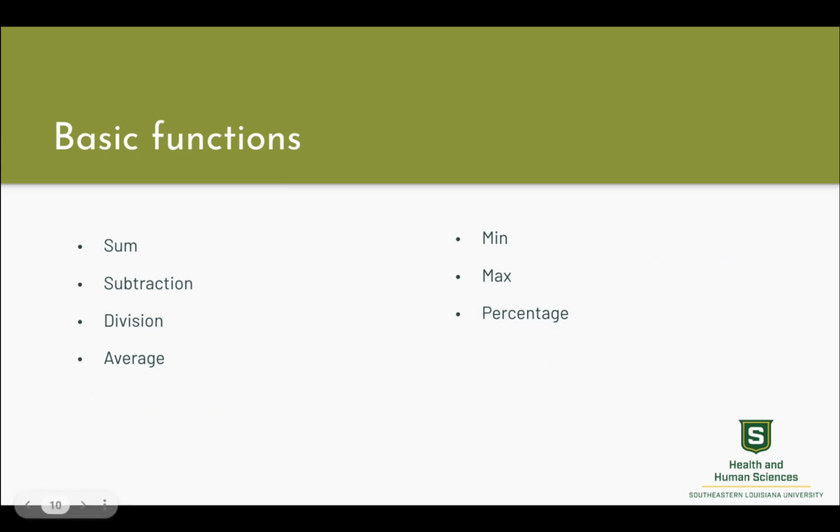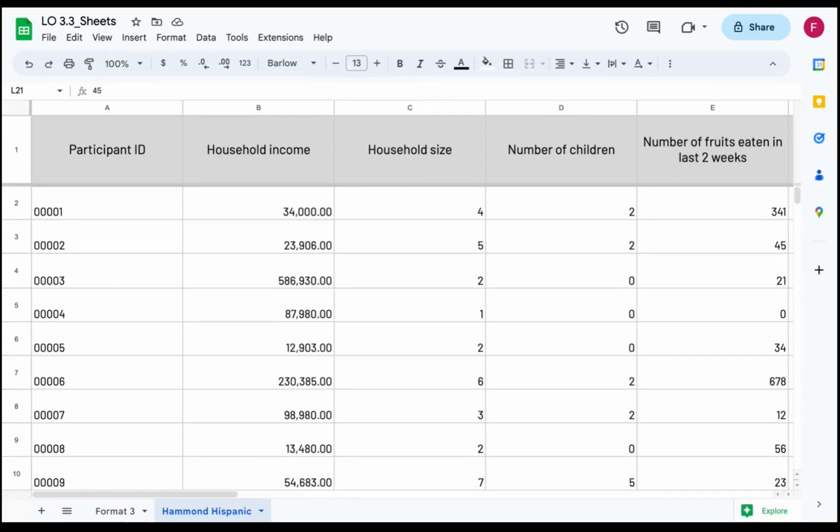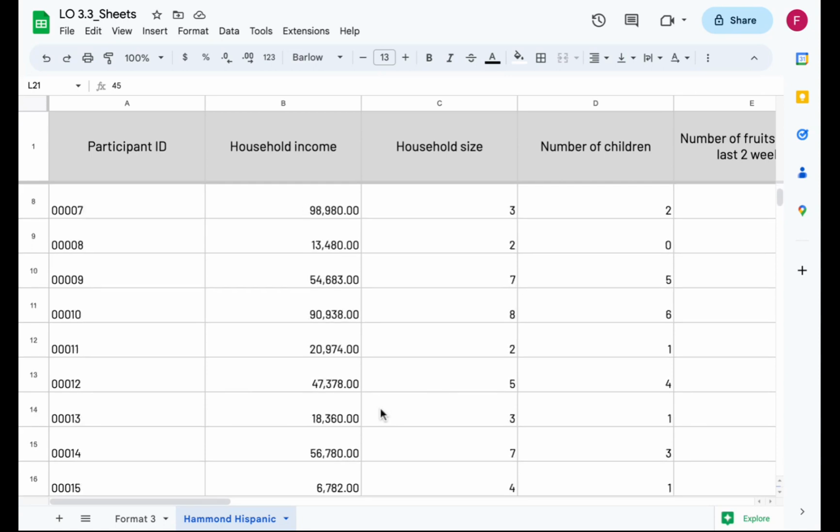And to do that, let me go back to the data sets that we have and try to do some of this now. So, quick minute. All right, I want to start by doing an addition, a summation.